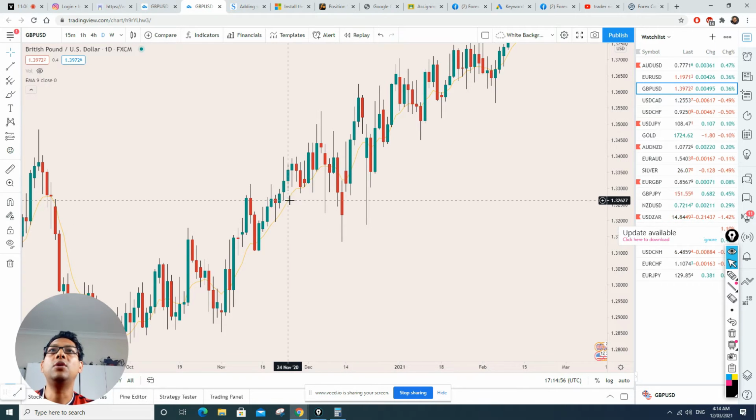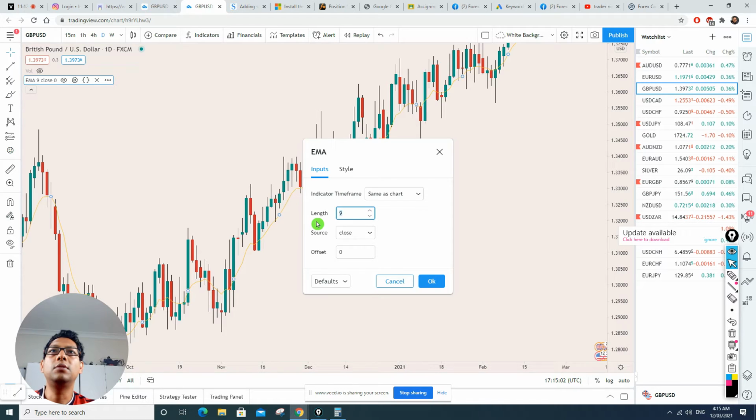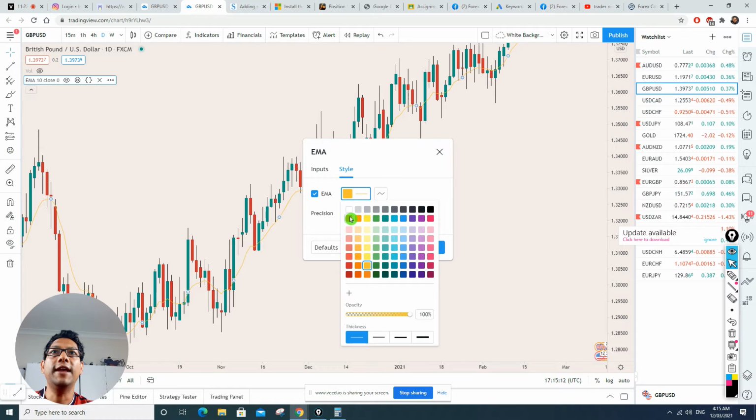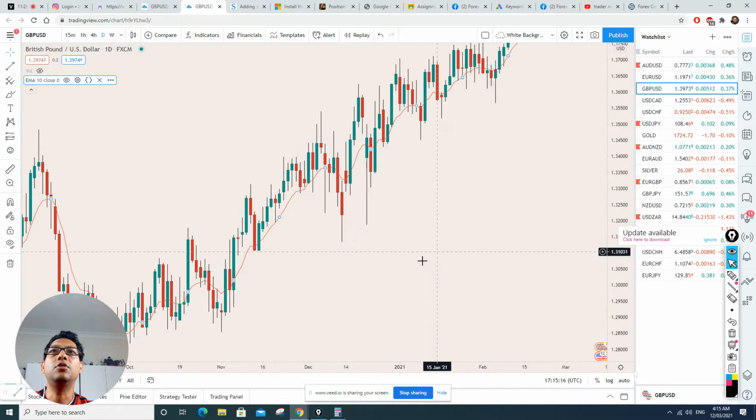So this is what you have added. After you add it, just double click on it, and then you will see input. Put a 10 here, and then go to style and change the color to red. So that's the 10 period moving average.